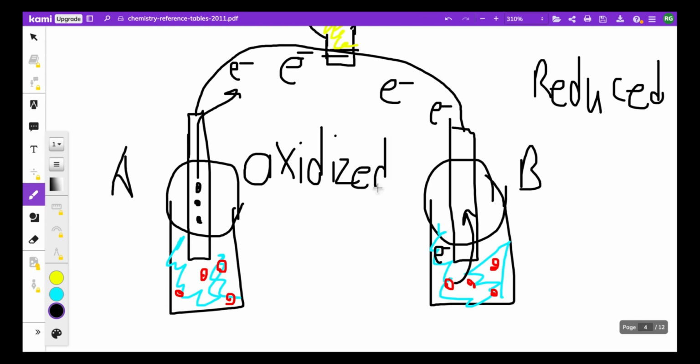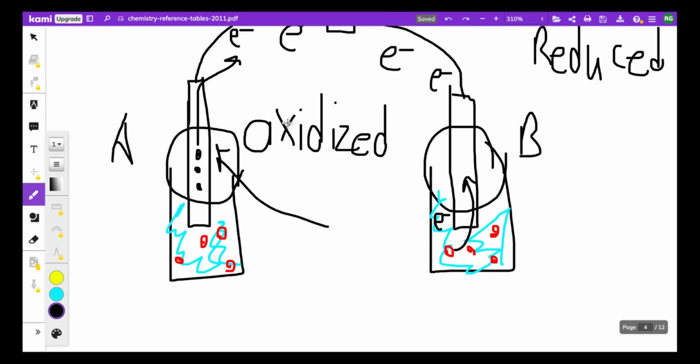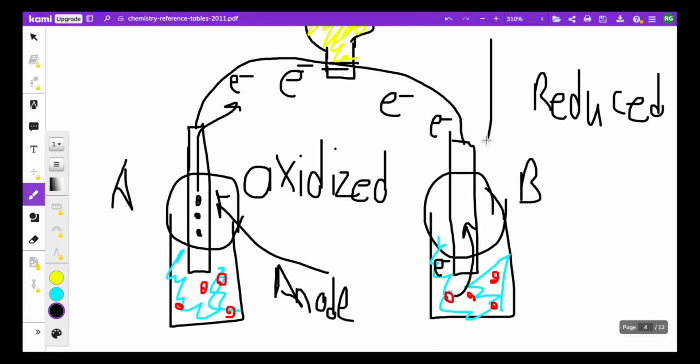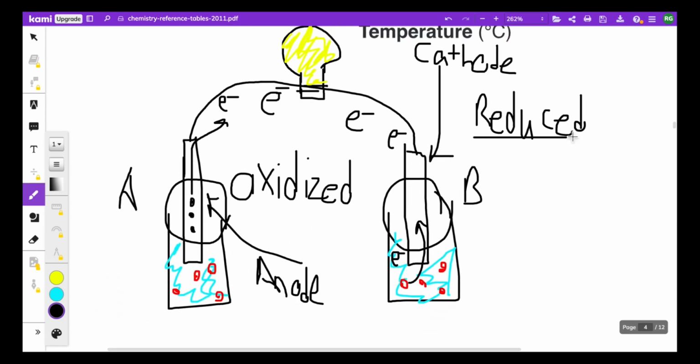And the electrode on the oxidized part, because we know these metal atoms are getting oxidized on this electrode, that's going to be called the anode. And the electrode that's on the reduced side, that's going to be called the cathode, okay? So where reduction happens, you've got the cathode.